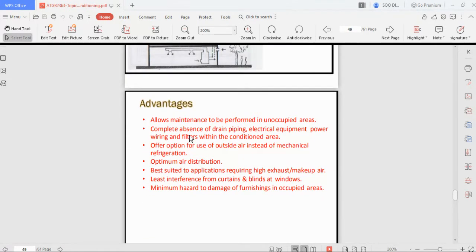But in actual, there will be a lot of distribution outlets to blow the cool air. So with these numerous distribution outlets, you'll be able to cool all the surrounding air evenly.